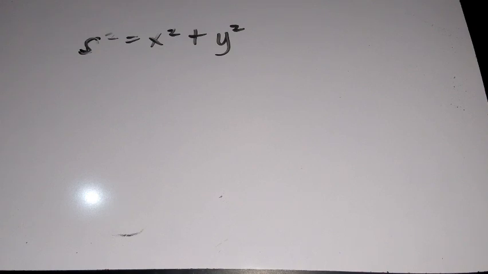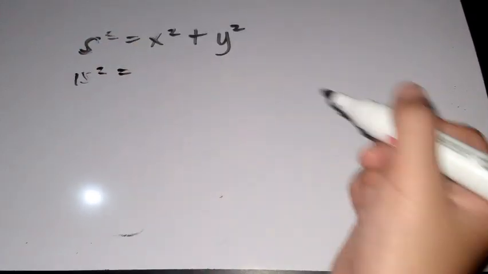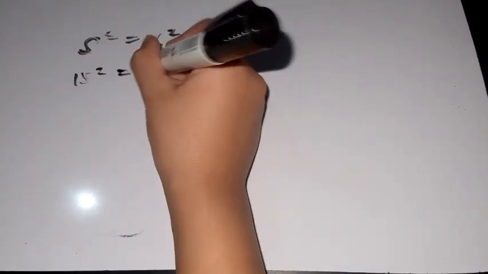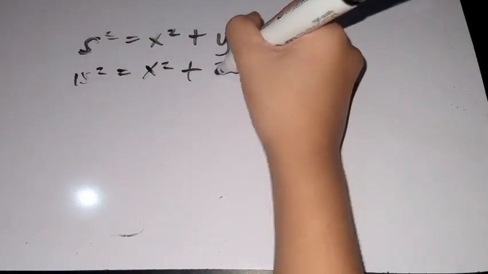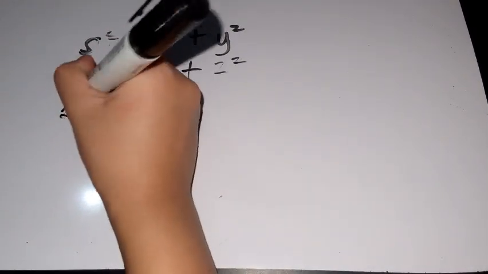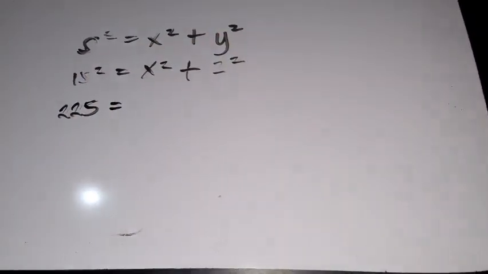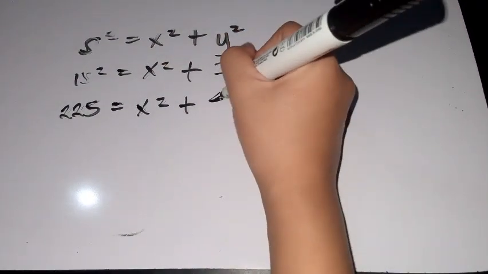So s is 15 miles, so 15 squared equals x squared plus y squared. And remember that in the given, y is 2 miles, so 2 squared. So 15 squared is 225 and x squared, and 2 squared is 4.